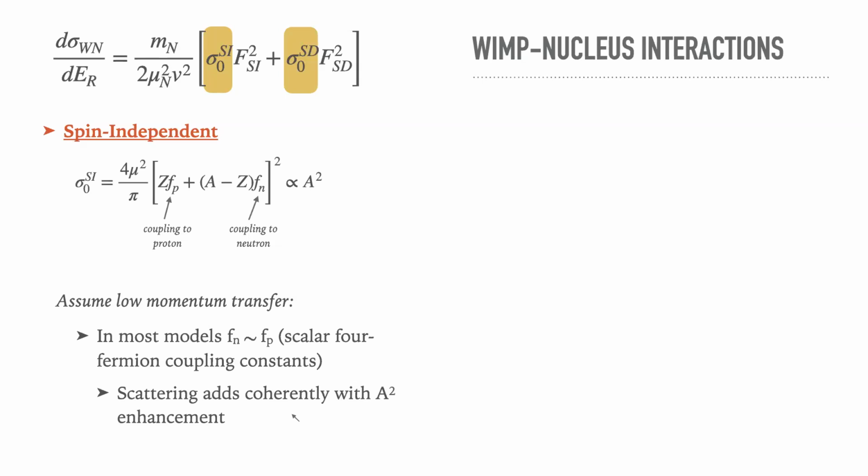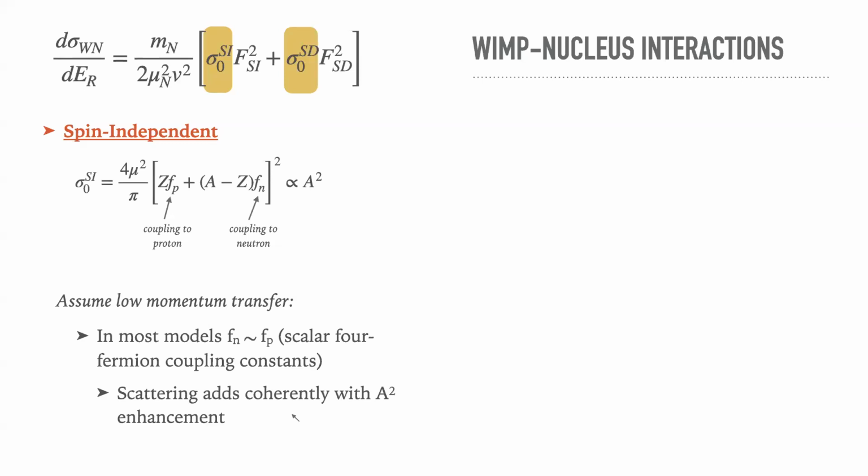Do any of these quantities change based on our dark matter model, like whether it's a scalar or a...? Yes. Depending on what your dark matter model is, it may be that your spin independent or your spin dependent coupling becomes more dominant and becomes the interpretation that you make.